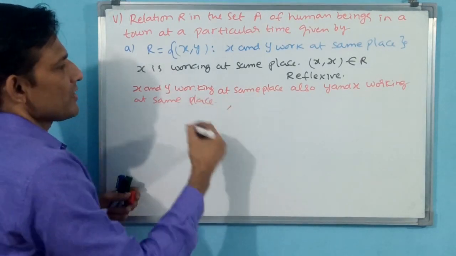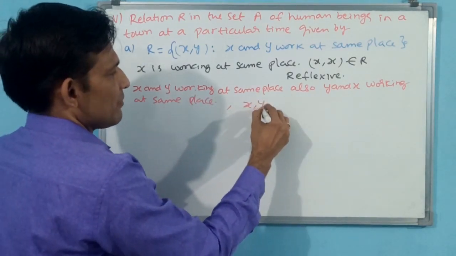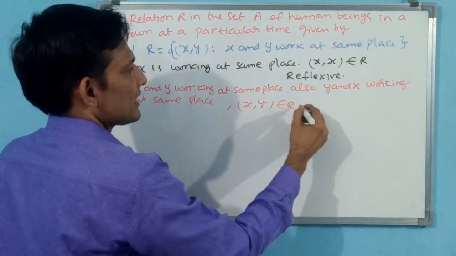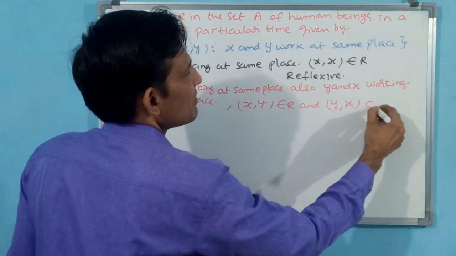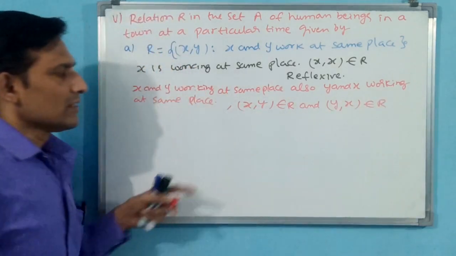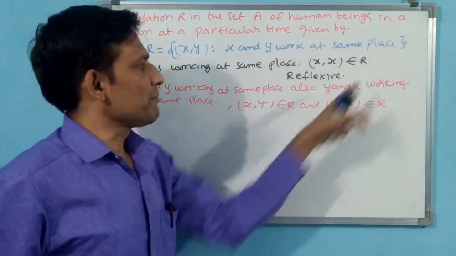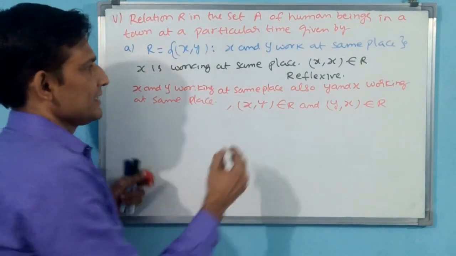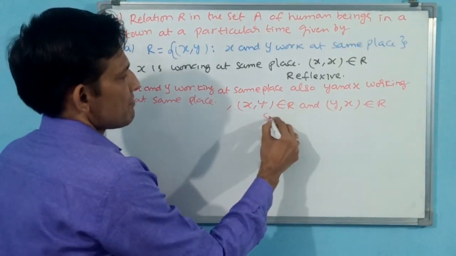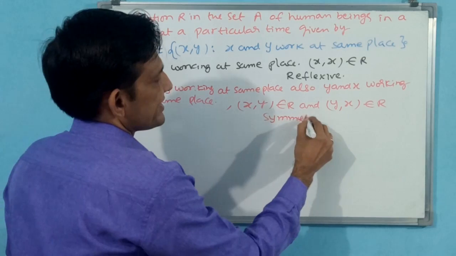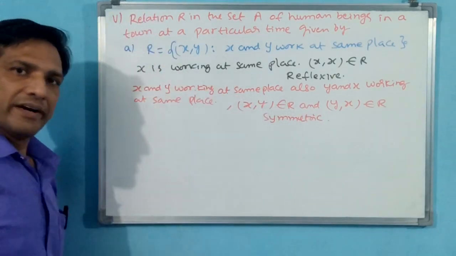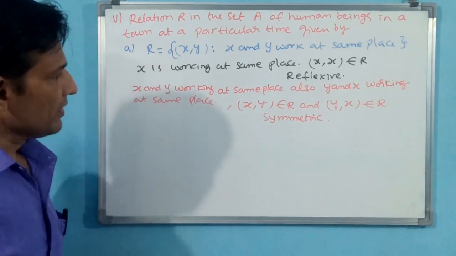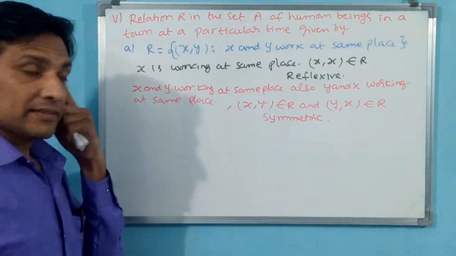You write like this: X comma Y belongs to R and Y comma X belongs to R. What is this R? R is working at the same place. That is why we have written like this. Then this is a symmetric relation. Now we go for the third part.